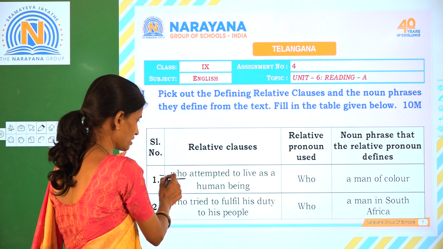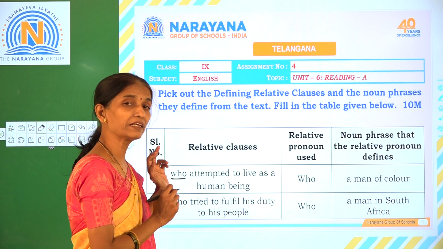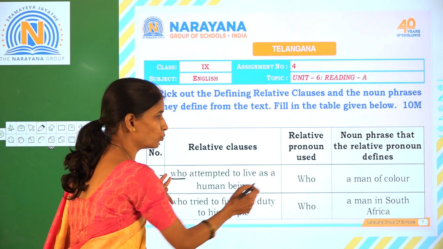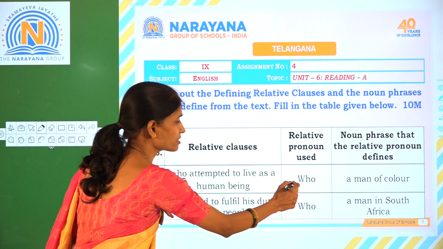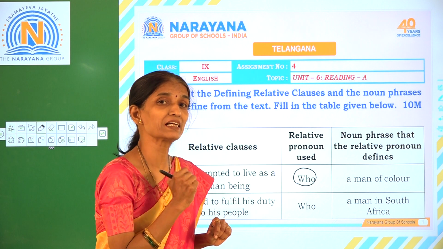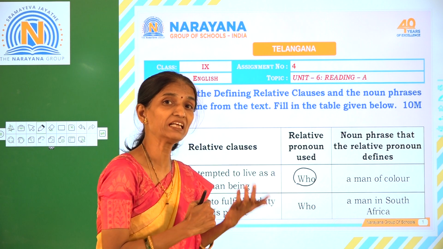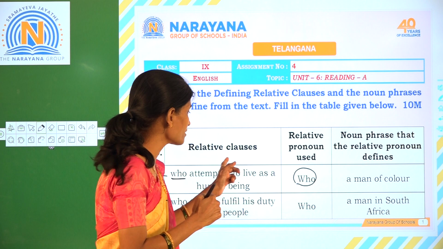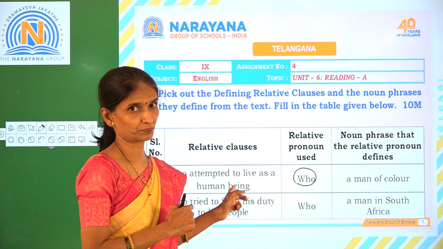Okay, we have a subject before that. The relative pronoun used here is who, and this relative pronoun is referring to a subject. What is that noun or noun equivalent that this clause is referring to?